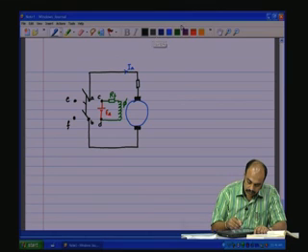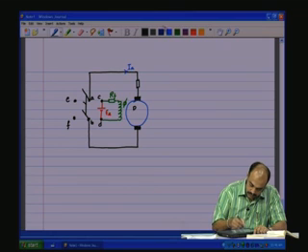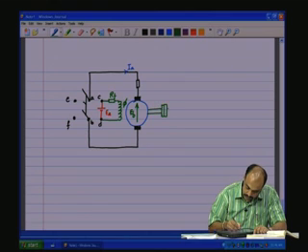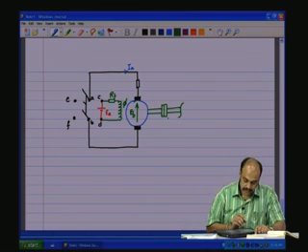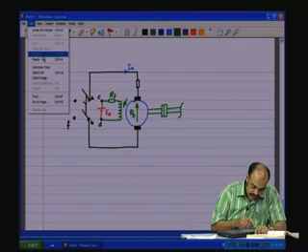Now, what we propose to do, this is the DC motor. Let us have the back EMF EB here, then we are going to connect the shaft to the load. So, this is the system that is right now existing.